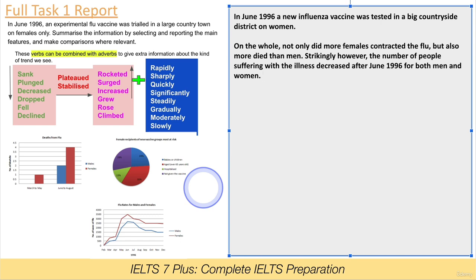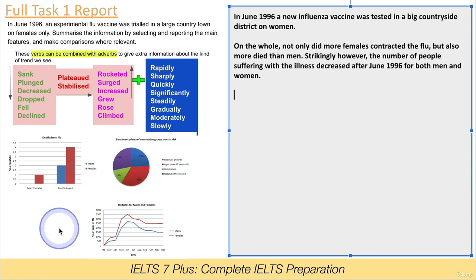So more women were dying than men. Yes, more women were dying in June to August, but after June, the flu rates themselves actually decreased. Okay then, so let's start with our bar charts and our pie charts.